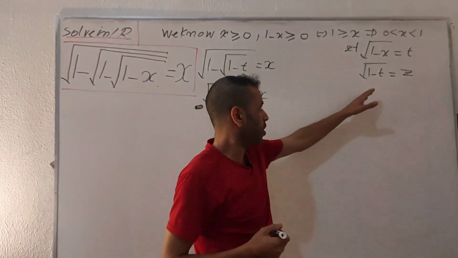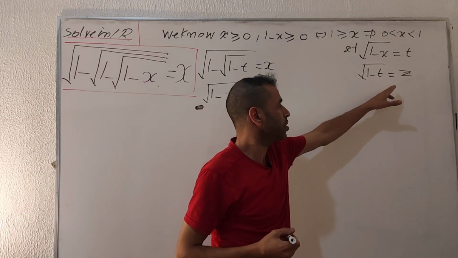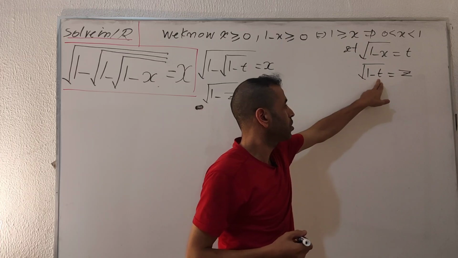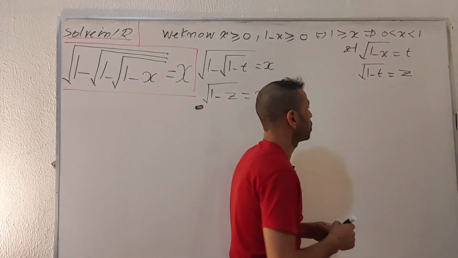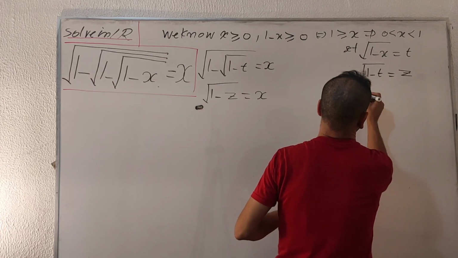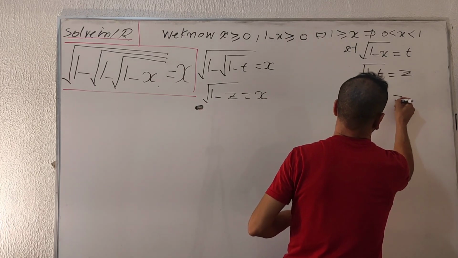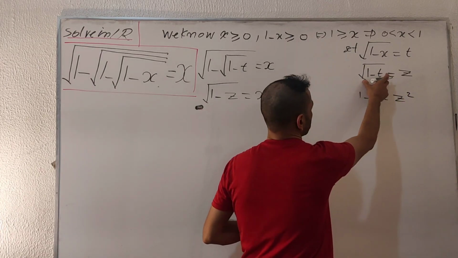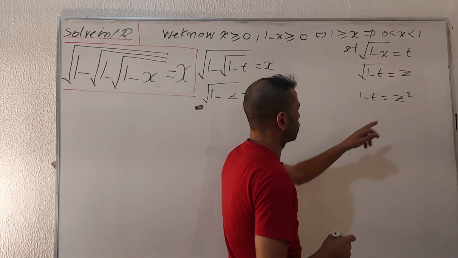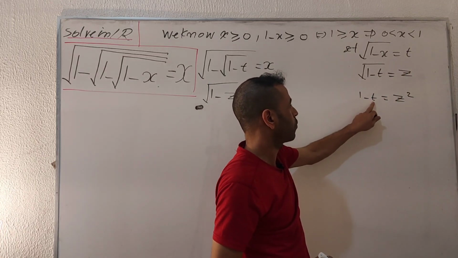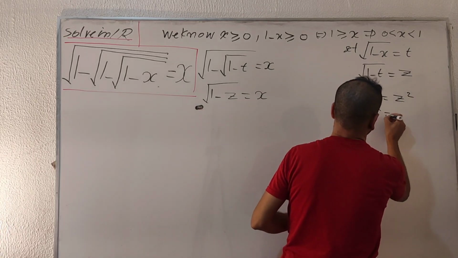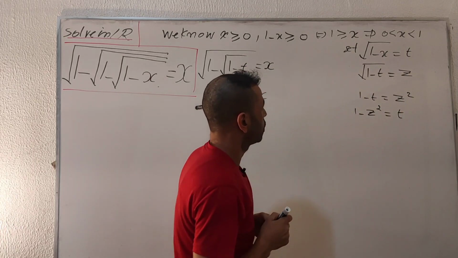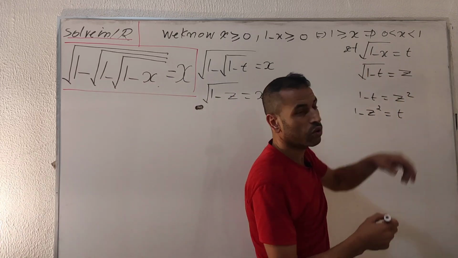Let's find the relationship between x and z by extracting t and replacing it in the first equation. Squaring both sides here, I get 1 minus t equals z squared. Taking z squared to the left and moving minus t to the right, I get 1 minus z squared equals t. Now we have t equals the square root of 1 minus x.